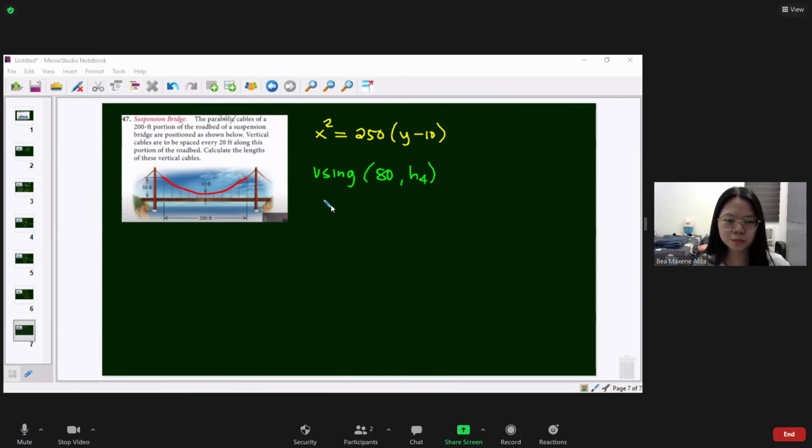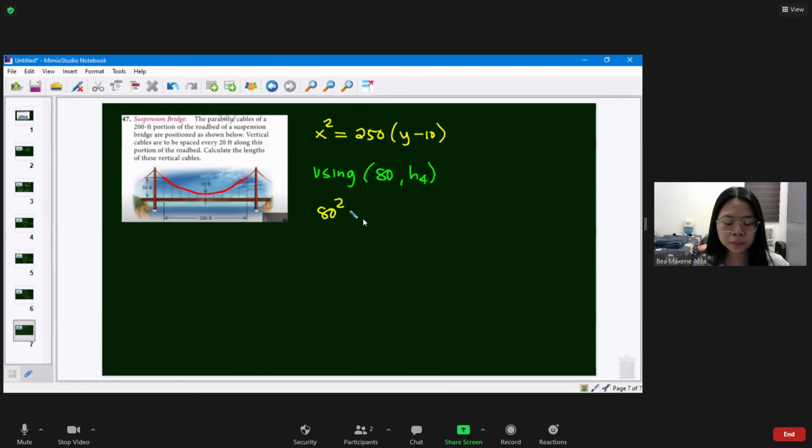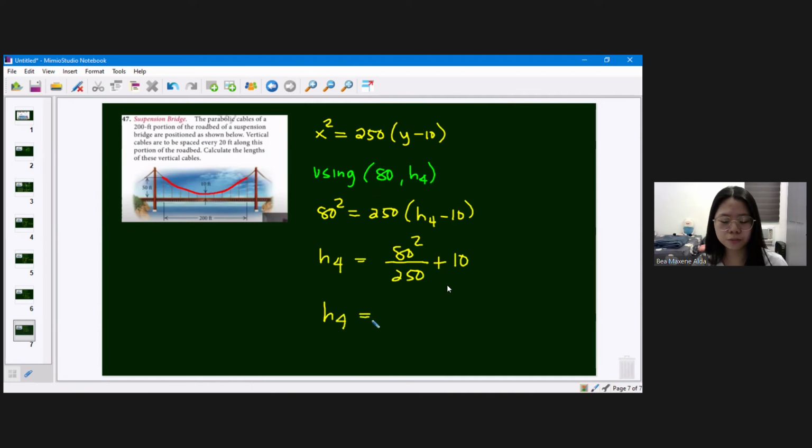Okay, let's put that in. 80 squared is equal to 250 times y minus 10. And then same thing, put it in one side, tas yan, plus 10. So ayan, what is the last one? It's 35.6 feet. Oh my god! Nakuha na natin!